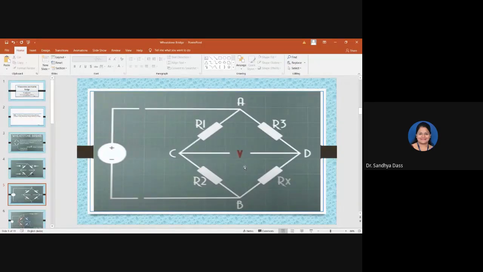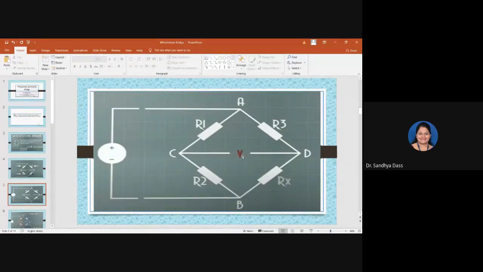Put another way, when the potential at this point and this point is the same, there won't be any current flowing in this path, isn't it? I hope you know the networks.